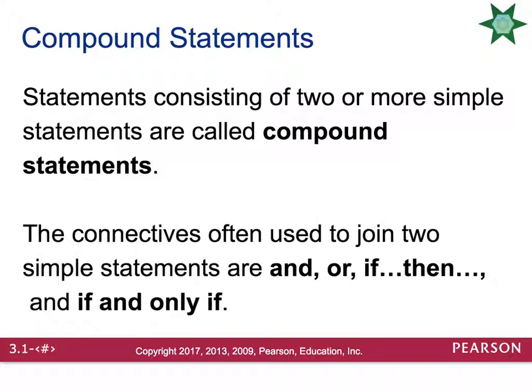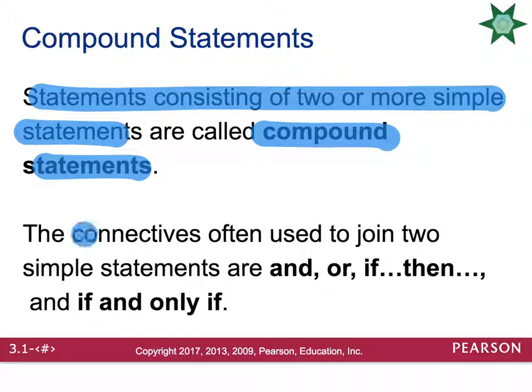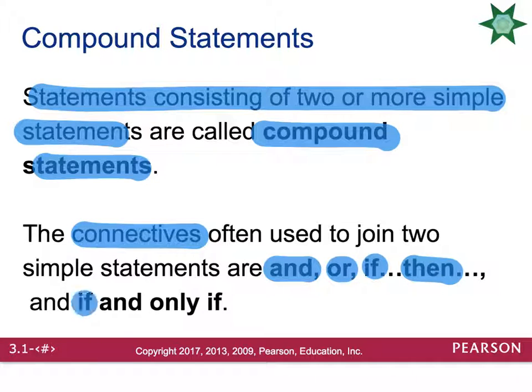Okay, so as we said earlier, statements consisting of two or more simple statements are called compound statements. And the connectives that we use to join these are and, or, if-then, if and only if. So we'll look at those different types of connectives.